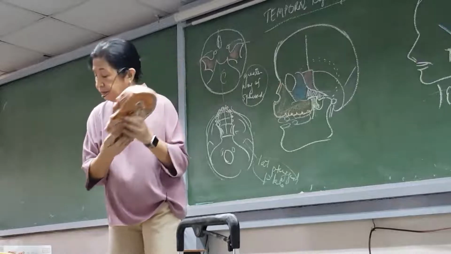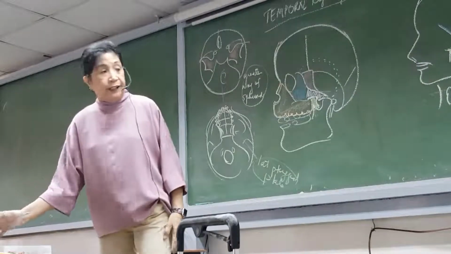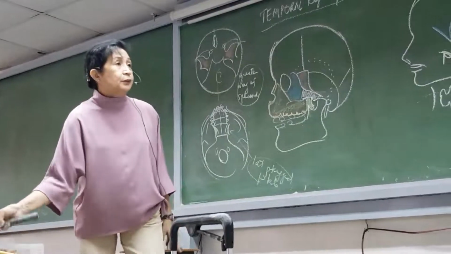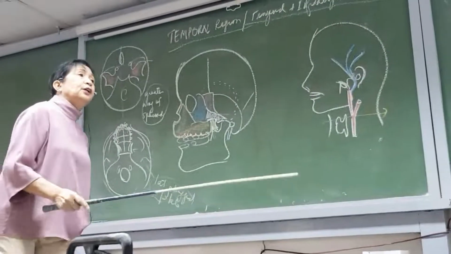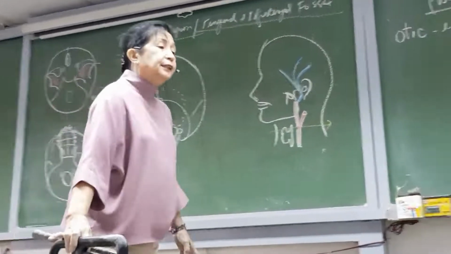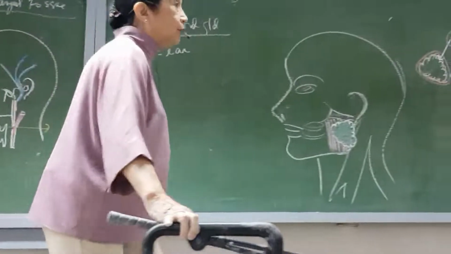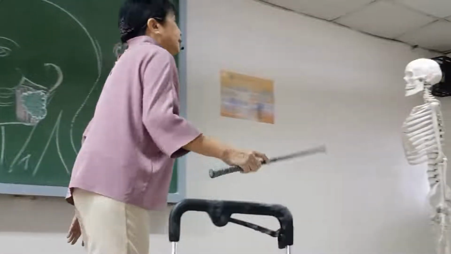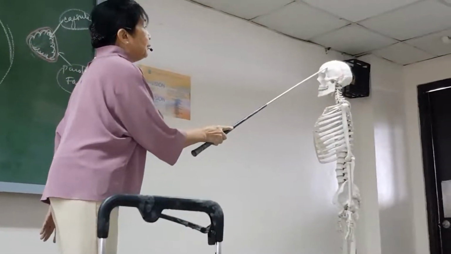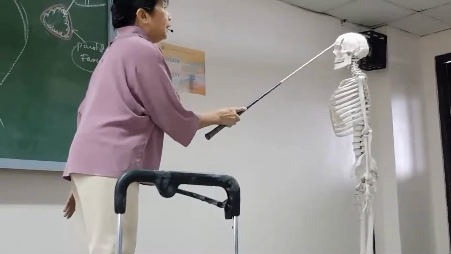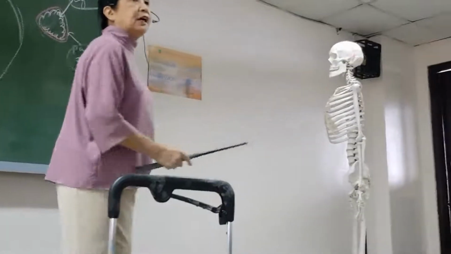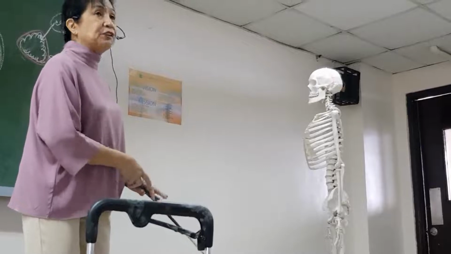That's the parotid region. And then we study also the area of your head, on the side of your head, which is bounded by the temporal lines. Ang pangalan nito, temporal fossa. Fossa is depression, right?